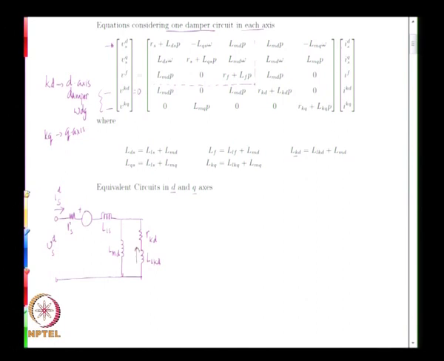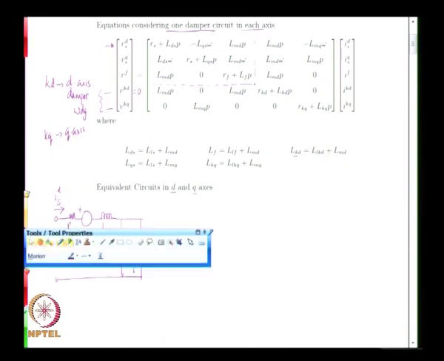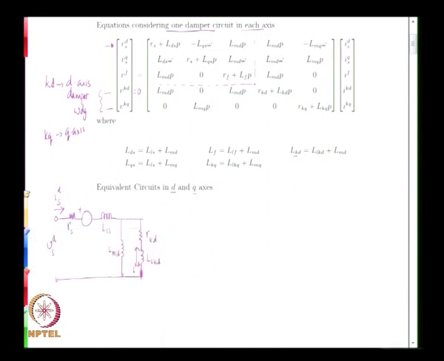If we call this as IKD, then this is the current flowing in, and if you apply KVL around this loop, one can see RKD into IKD plus LLKD plus LMD into IKD, P of that, and then you have the field winding also.